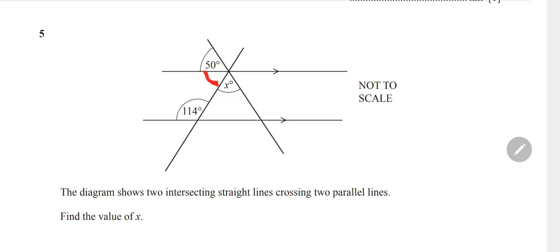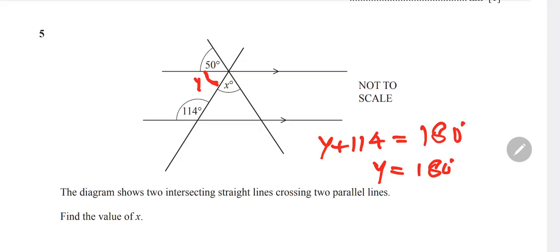So 114 and this angle, suppose I call it y. The sum of y and 114 is equal to 180. So y plus 114 is equal to 180, or y is equal to 180 minus 114. This is 66 degrees. So this is 66 degrees.